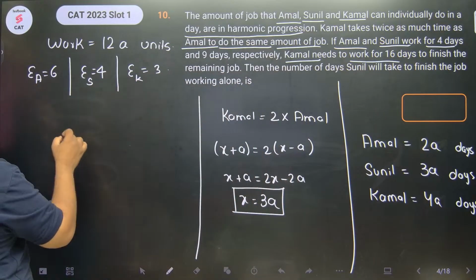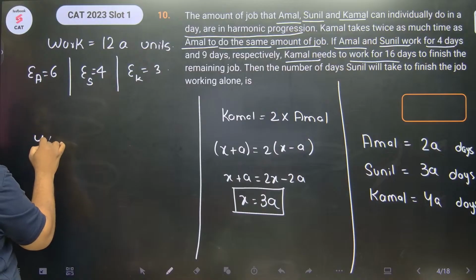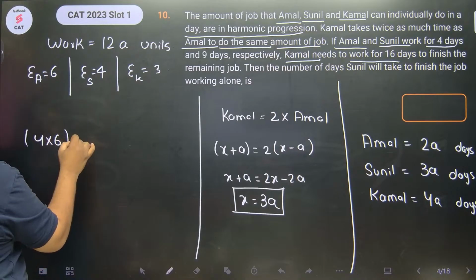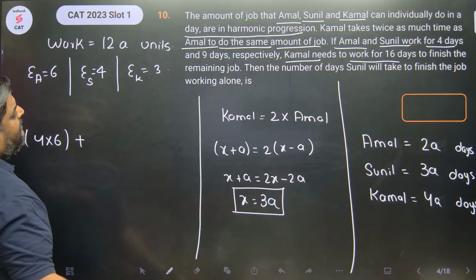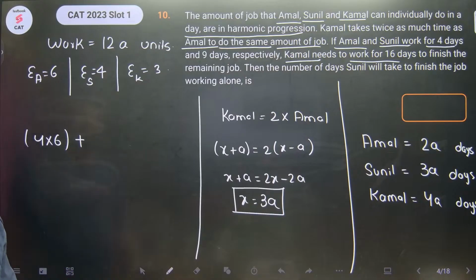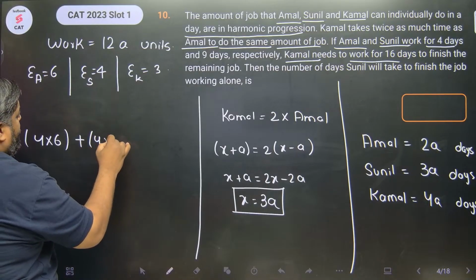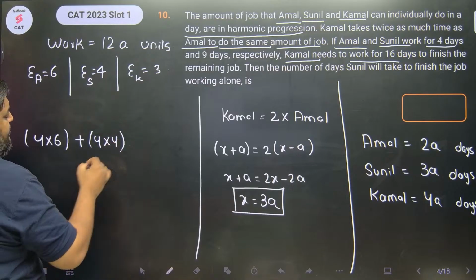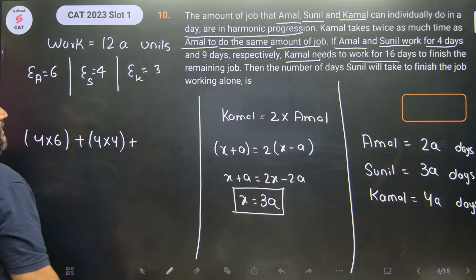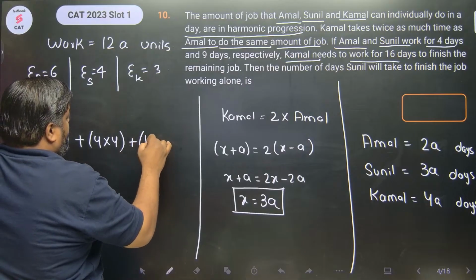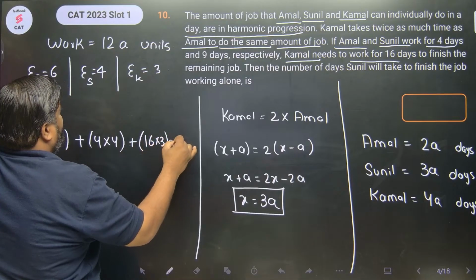So in 4 days, Amal will work 4 into 6 units, plus Sunil working for 4 days, 4 into 4 units, plus Kamal working for 16 days, 16 into 3, 48, and the total work is finished.